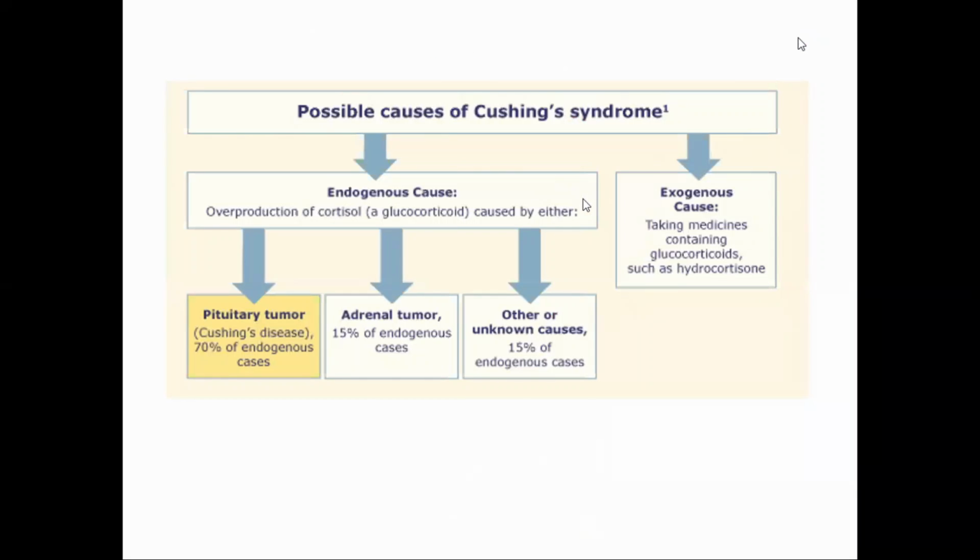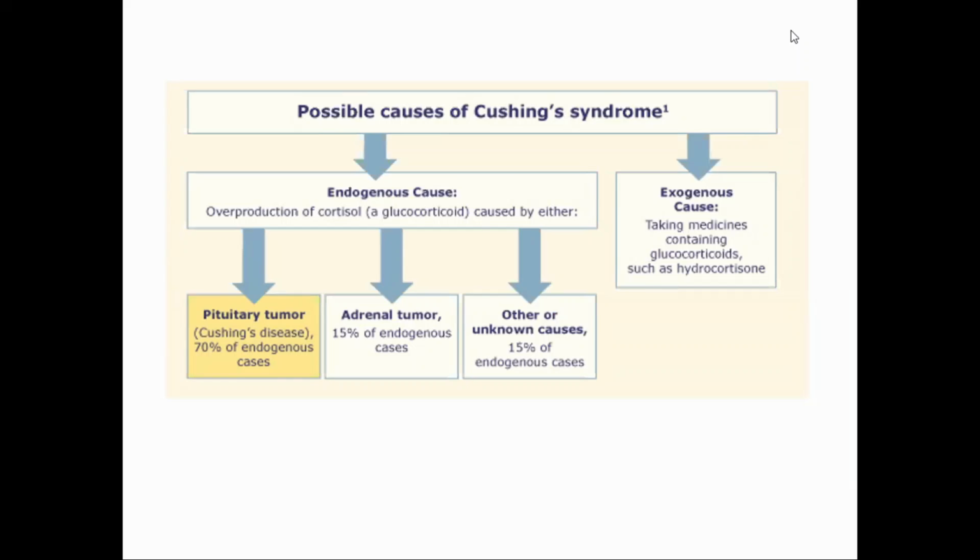So, what may be the cause? This may be either an exogenous or an endogenous cause. Coming to the exogenous cause, when the person is habituated to taking medications as glucocorticoids for a prolonged period of time, this may lead to Cushing syndrome.